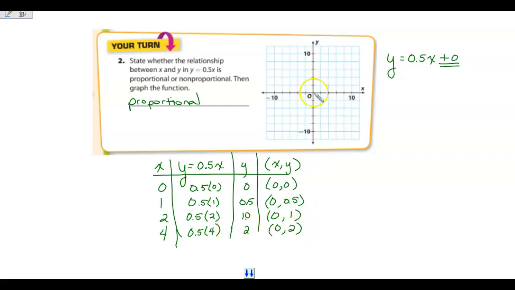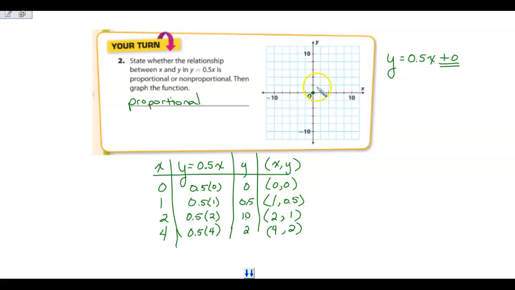Let's graph some of these. I have my 0, 0. These are going up by 2, so let's go down to this next one. Oh, just realized I made an error on all these. So I had 1 and 5/10, I had 2 and 1, and I had 4 and 2. There, fix those.